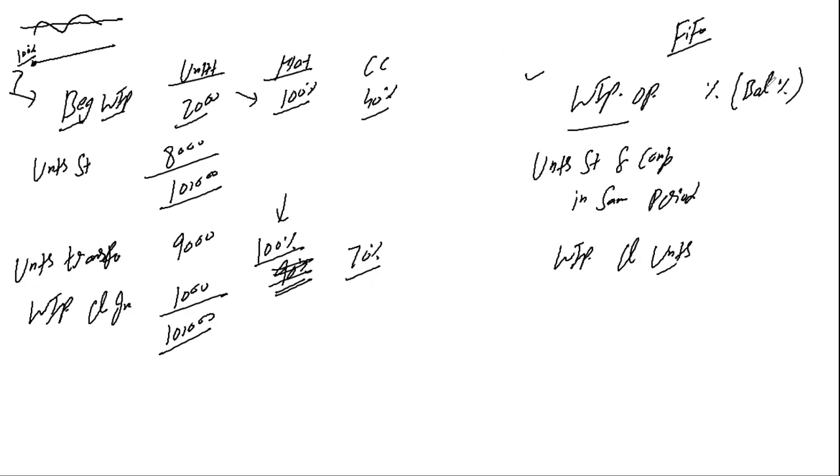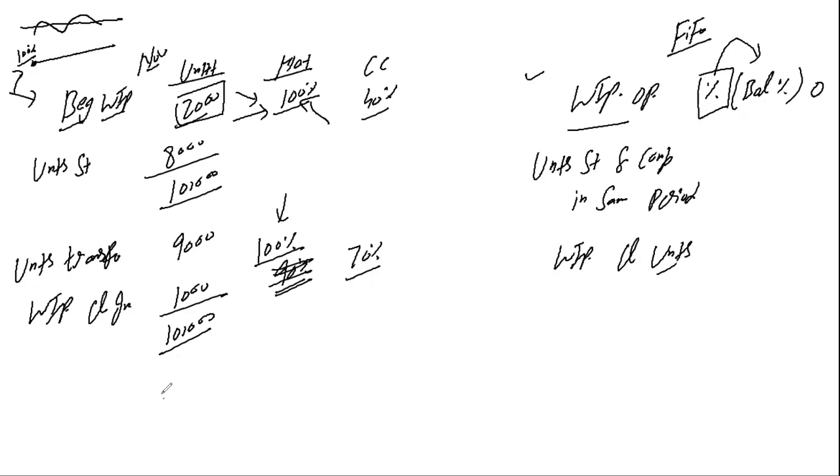Work in process opening. Students, I told you, take the percentage, and percentage means balancing percentage. See, my 2000 units are 100% completed with respect to materials. So if I ask you the question, will I add any material during this period? You will say no, there is no balancing percentage. So that's why I need to write here 0. Students, here what's the reason? Say this is the month of November.